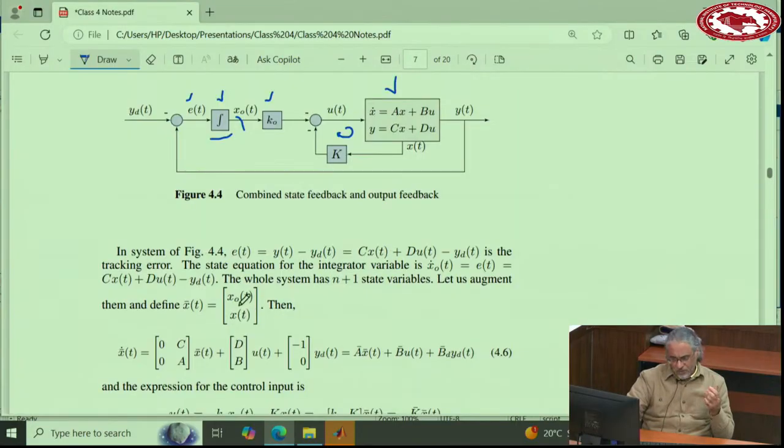Sometimes, so x0 dot, the derivative of x0, is e. e is yd minus y, or y minus yd, and y is Cx plus Du, minus yd. So that's the first equation, and the second one we already have, so put them together.